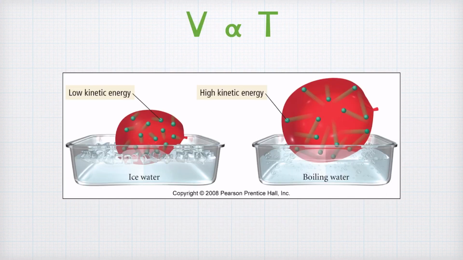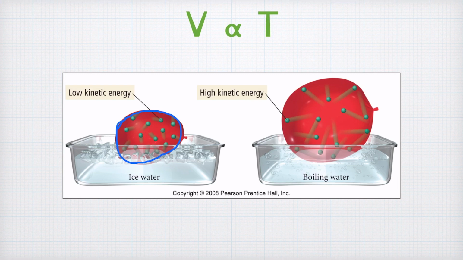The relationship between volume and temperature is directly proportional. If you have a non-rigid container like a balloon and you put it into ice water, then you're going to have a relatively small volume. That's because the gas particles inside the balloon are going to have less energy when they're cold, and so they can't push on the walls very hard, and so the whole thing just sort of shrinks.